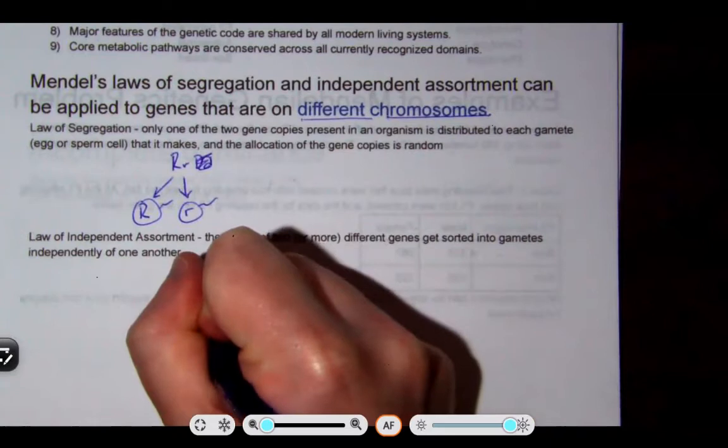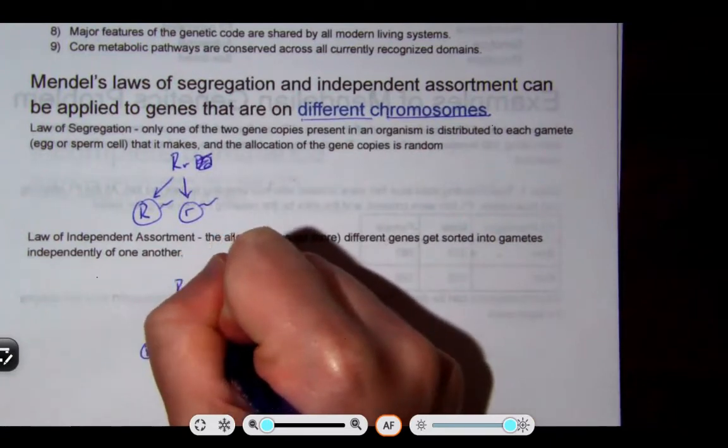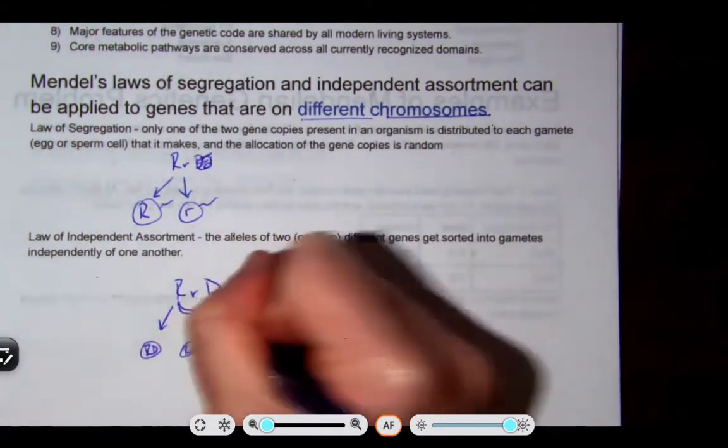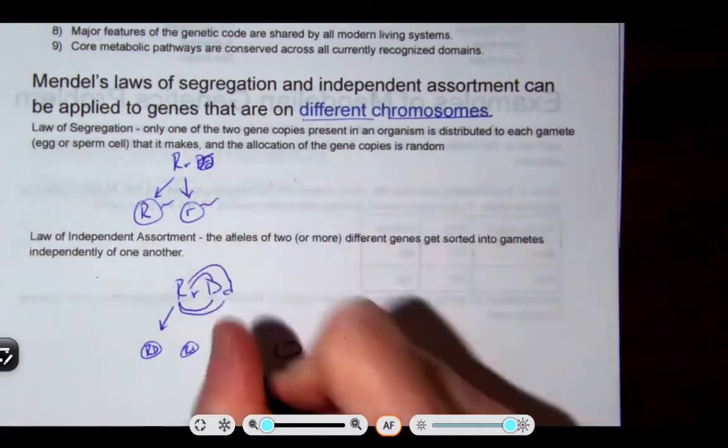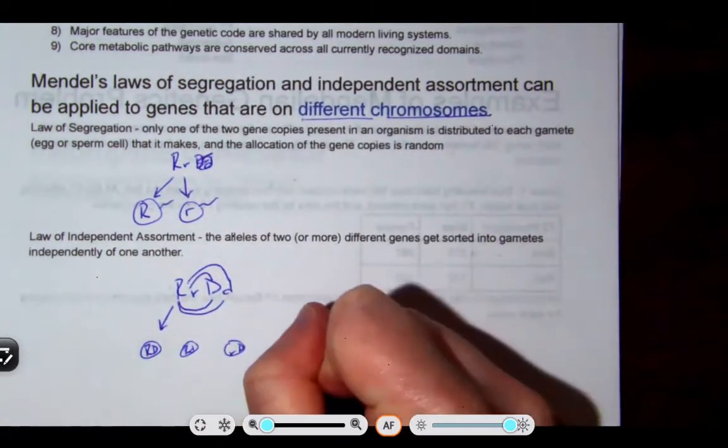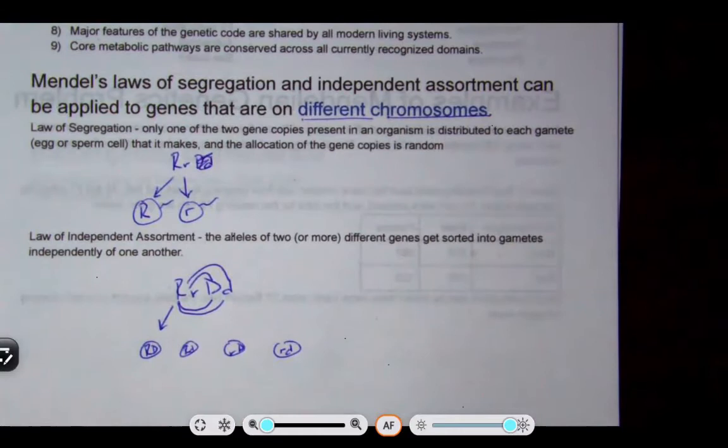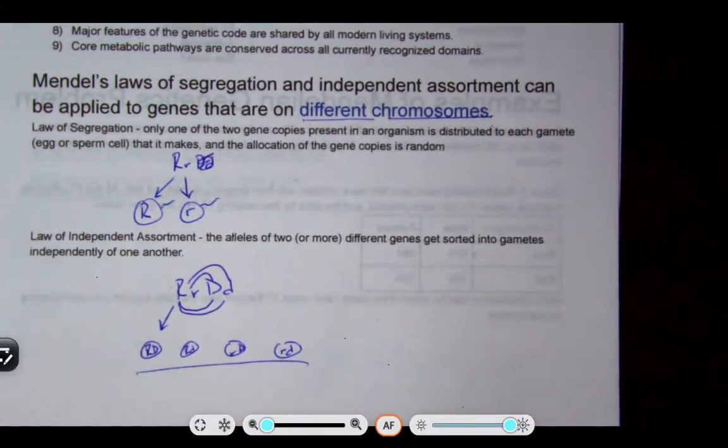You can think of this like FOIL in math class: first, outside, inside, last. And so these are the 4 different types of gene combinations that can be sent onto the gametes.